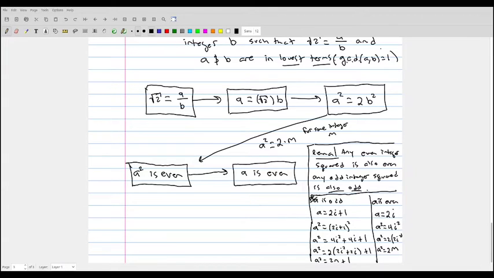Therefore, with this proof by cases, we've shown that a squared is even, therefore a must be even, and this will lead us to a being equal to 2 times m for some integer m. But if this is true, remember that a is equal to the square root of 2 times b, and a squared is equal to 2 times b squared because of this.